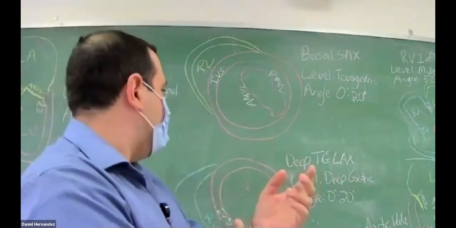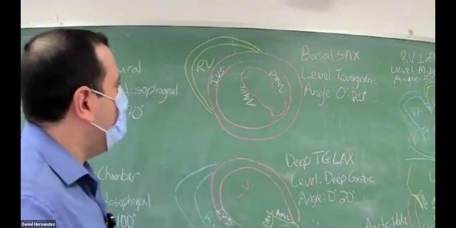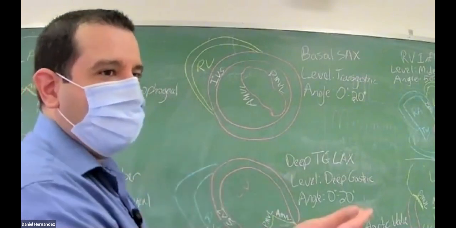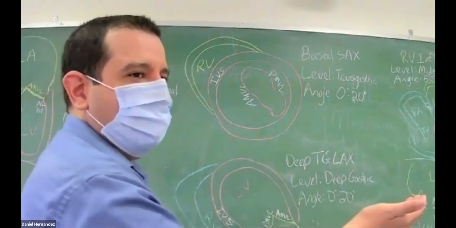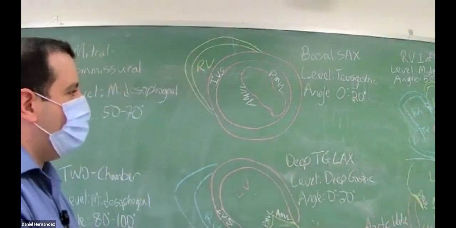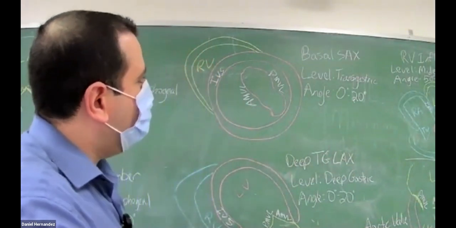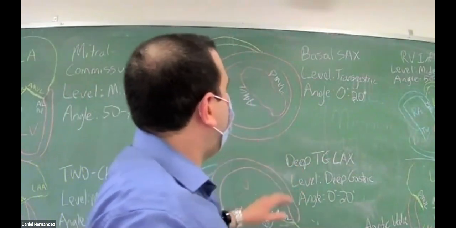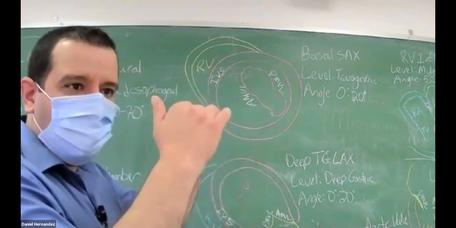You get your papillary muscle level, and you can get your apical level going deep gastric. If you want to go all the way down to the apex, you really have to extend into the deep gastric level. Your mid-level would be your papillary muscles, and a little more proximal in the transgastric is your basal short axis view, the base of the heart.